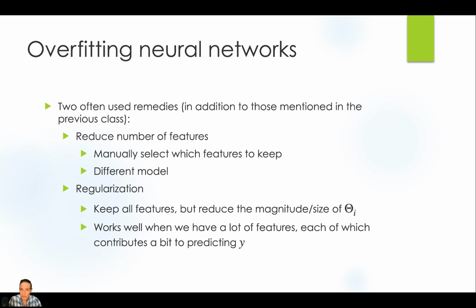Two often used remedies. In addition to some of those that we already mentioned in the previous class, I want to mention these two because they are very important specifically in neural networks. This is for overfitting. One is you might want to reduce the number of features. This is an important one.